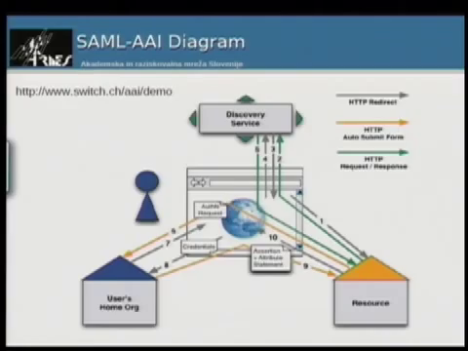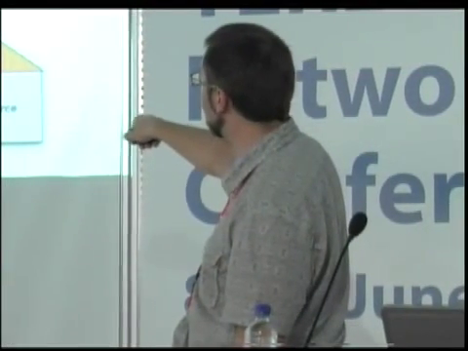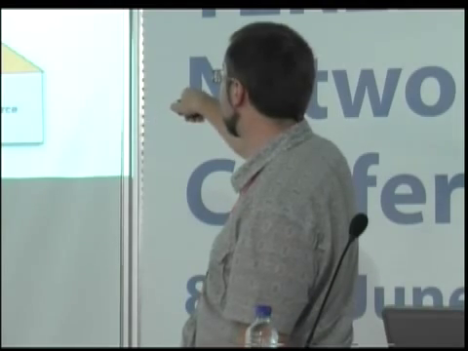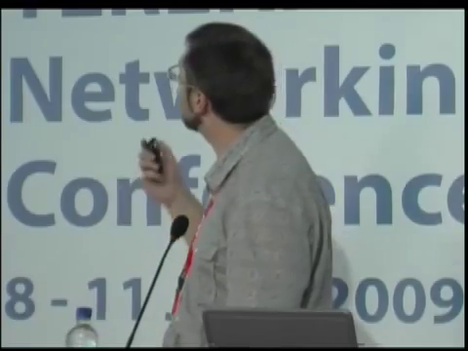He's redirected to the home organization where he authenticates, and the attributes together with the authentication assertion are sent to the resource, which then sees, okay, this user has logged in. I also have some attribute data about him and can decide to let him access the service and in which way.